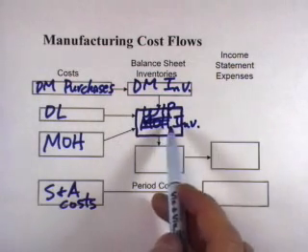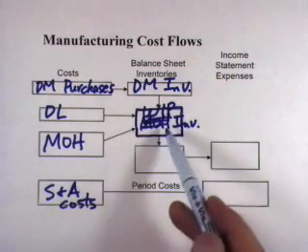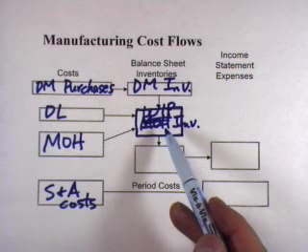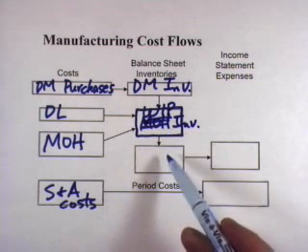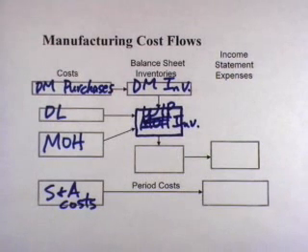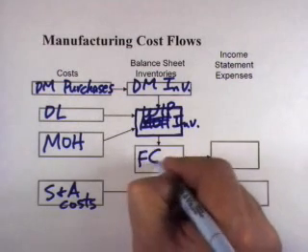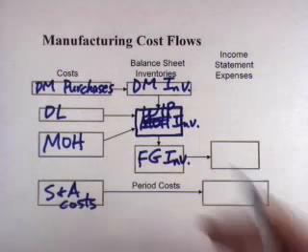Sorry about that. Then eventually all those costs, direct material, direct labor, and manufacturing overhead, have to be transferred out of work in process because the chairs or whatever the product is no longer being worked on. It's finished, so the costs need to go into finished goods inventory.